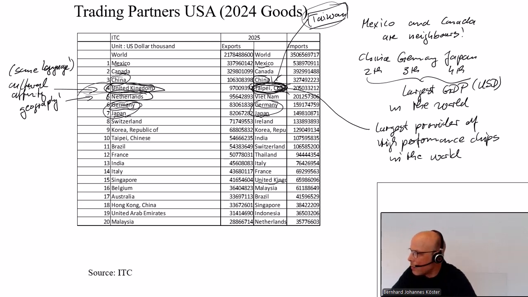And then we tried to explain why we find some specific countries trading the most, or being within the 10 or 20 largest.